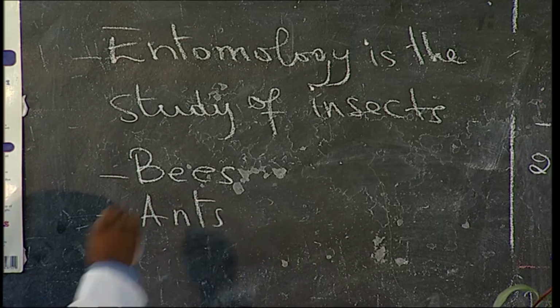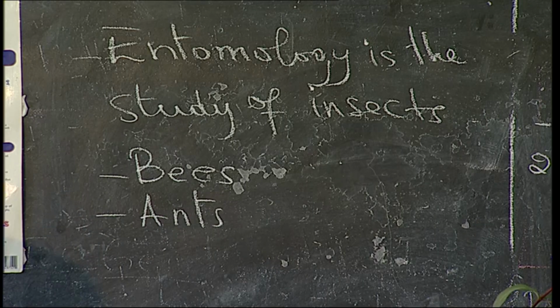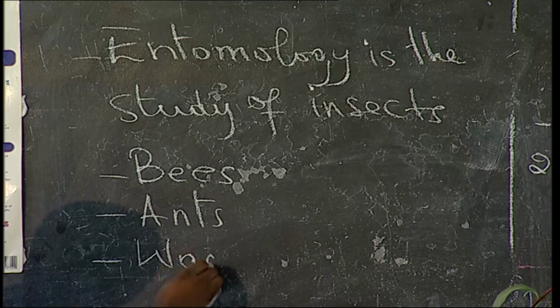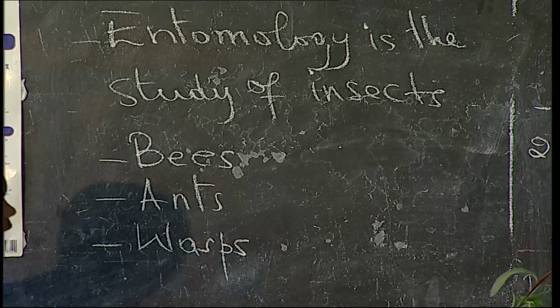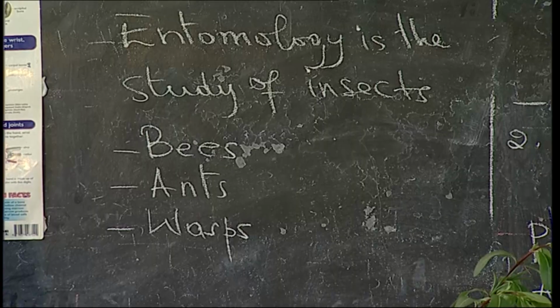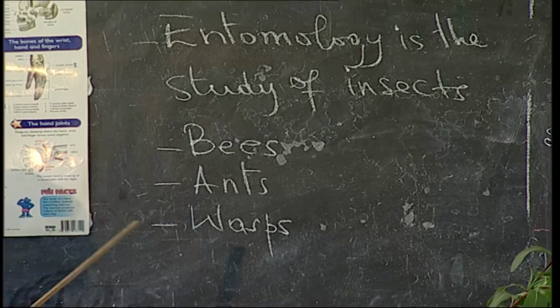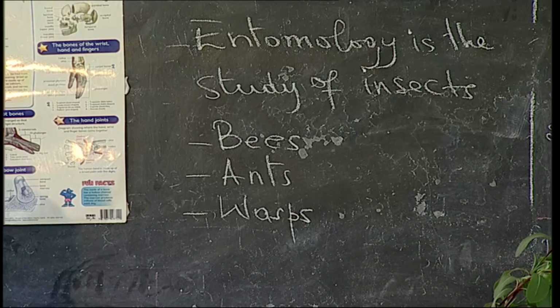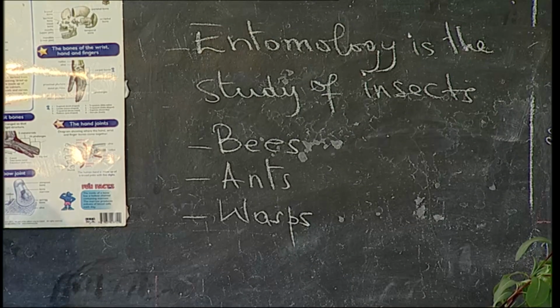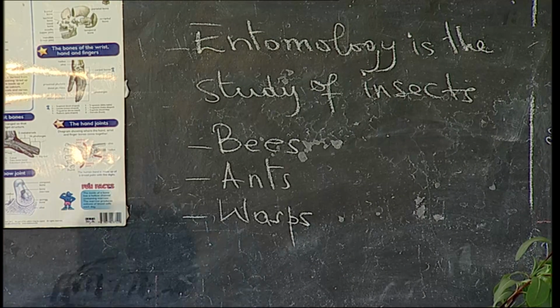Ants are also insects. Then wasps are also insects. How are bees important? Bees are important because they produce honey.